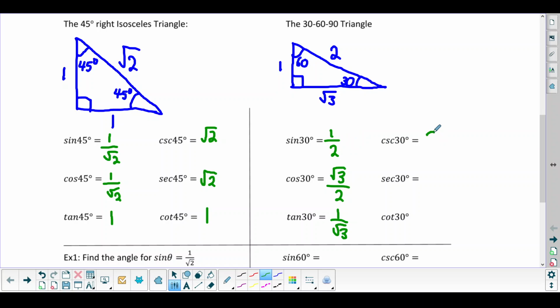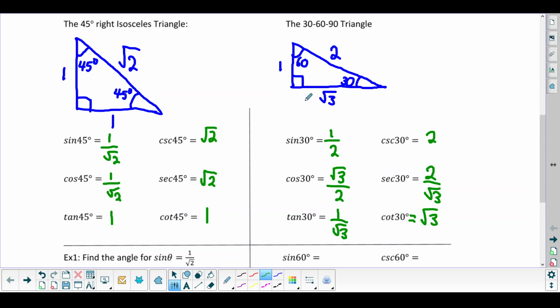So in this case, it's going to just be 2 over 1, or 2. Secant is reciprocal of cosine, so it's going to be 2 over root 3. Cotan of 30 degrees is reciprocal of tan, is just going to be root 3.